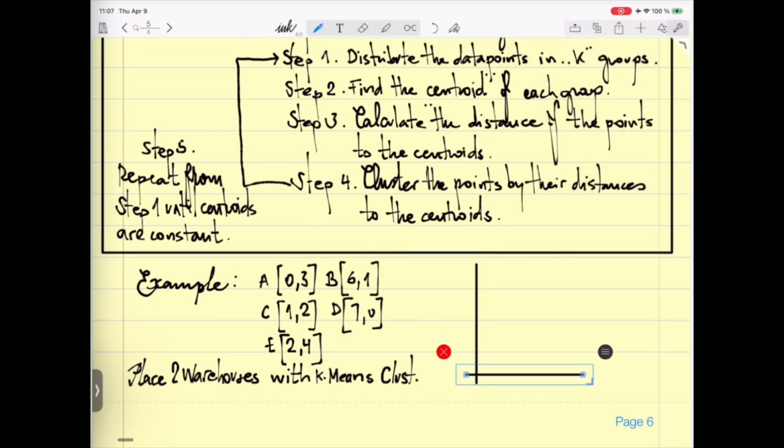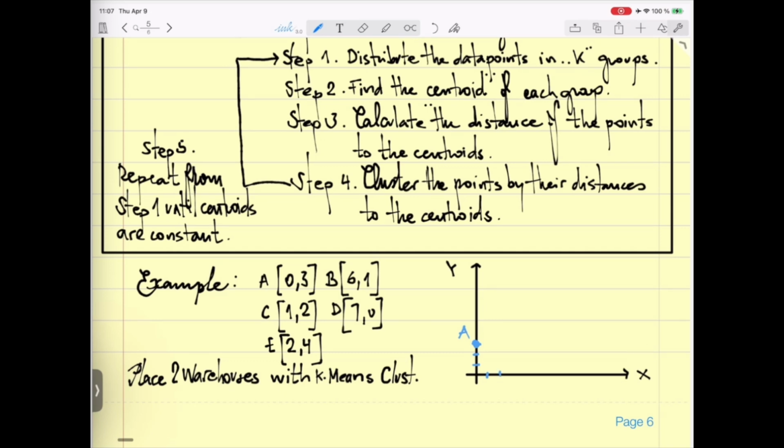So let's paint the factories just to get an intuition. First factory is A, is going to be in coordinate 0, 3. So first factory A is going to be here, A. B is going to be 6, 1.